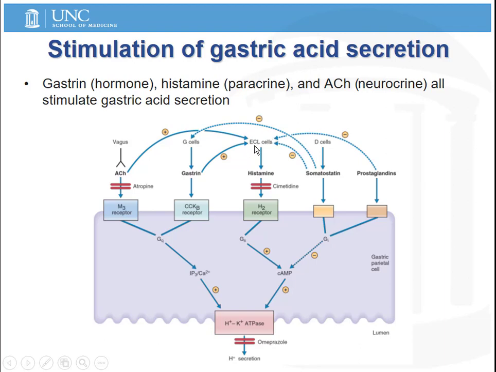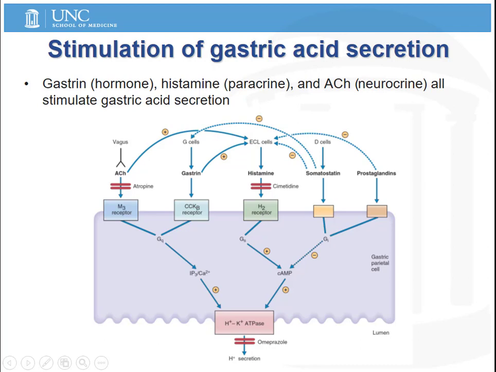This causes them to release histamine, and that histamine then binds to the H2 receptor on nearby parietal cells, which are coupled to adenylyl cyclase, and when adenylyl cyclase is activated, there's increased production of cyclic AMP. Cyclic AMP activates protein kinase A and causes hydrogen-potassium ATPases to be transported onto the luminal membrane. Histamine receptor blockers, like cimetidine, block these H2 receptors and prevent histamine from binding.